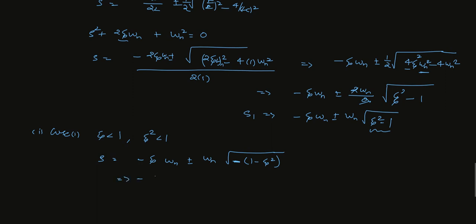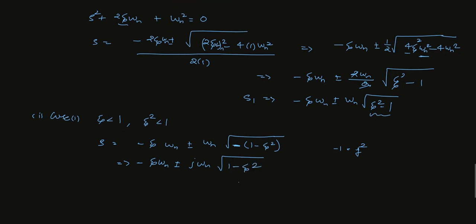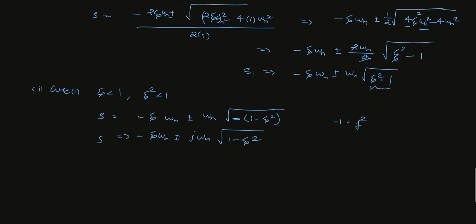So this is equal to minus zeta omega n plus or minus, writing minus 1 as j square, j omega n root over 1 minus zeta square. If you observe, we got the two roots, so let's take this as alpha plus or minus j omega d.